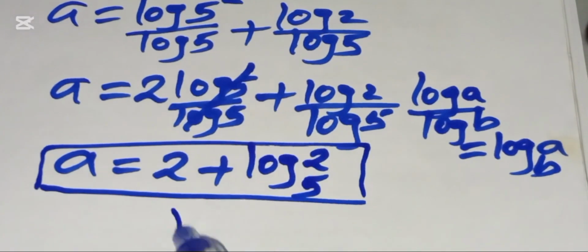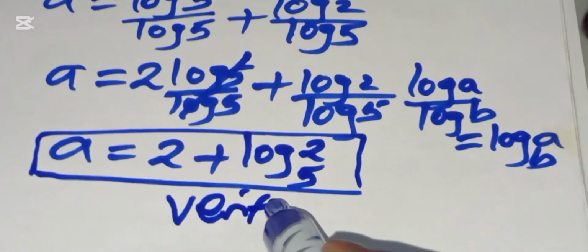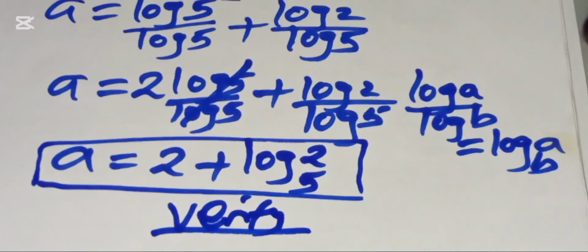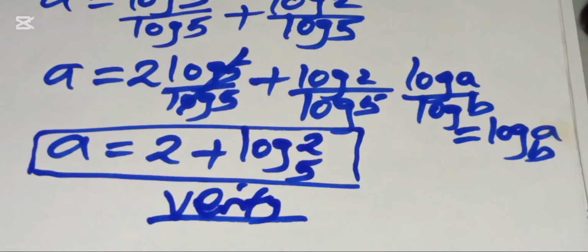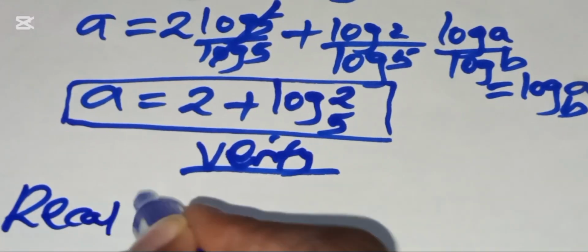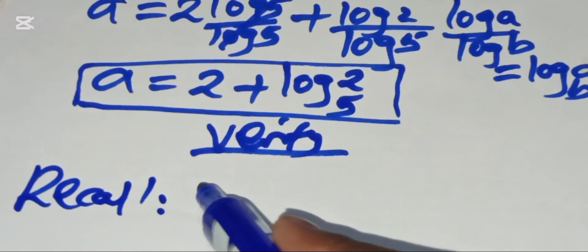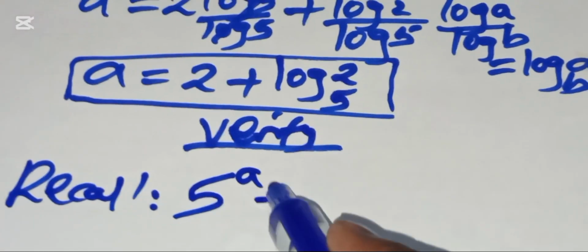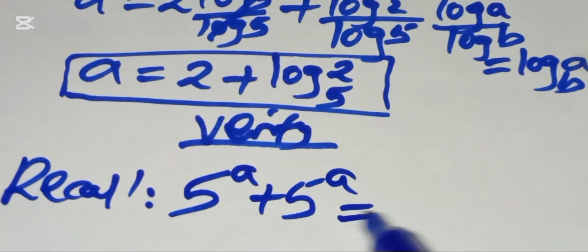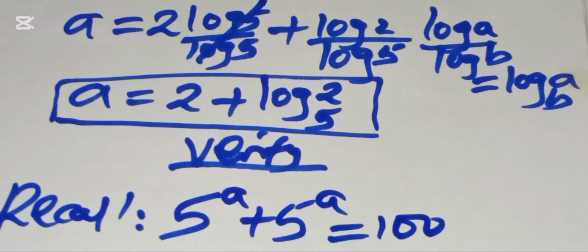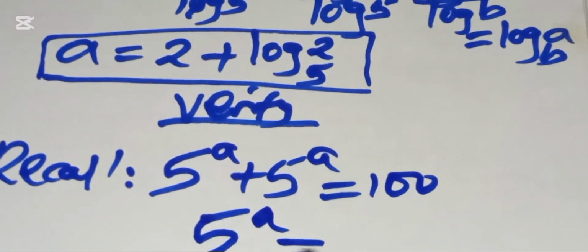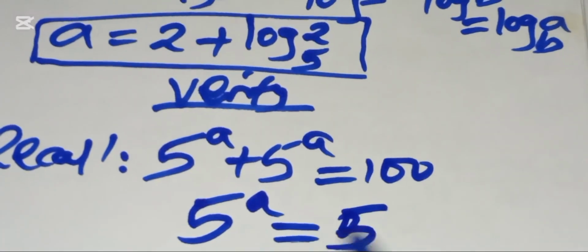Now this is the value of a, okay? So let's verify that this value of a actually satisfies the equation, okay? Now if you recall, we had 5 raised to power a plus 5 raised to power a equal to 100, which we simplified as 5 raised to power a equal to 50, okay?